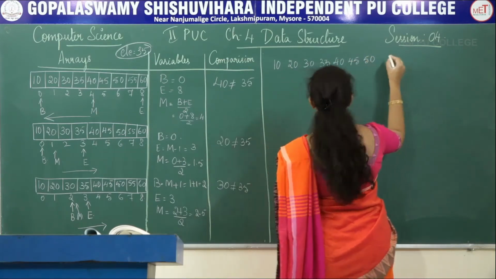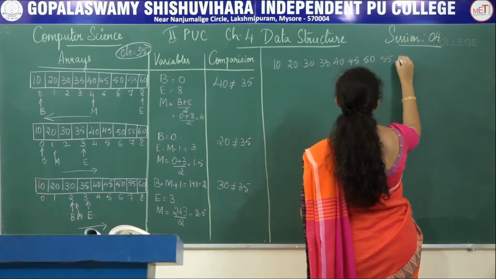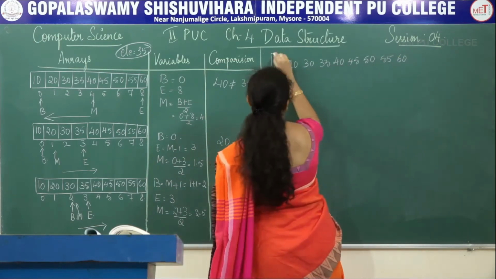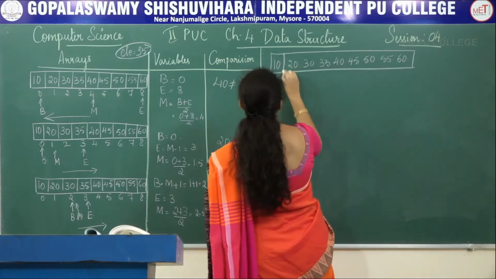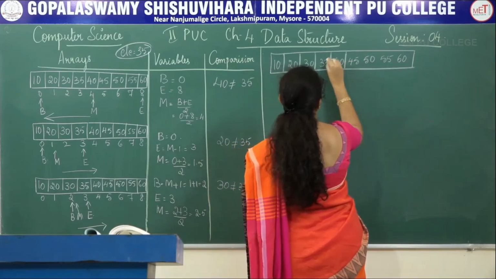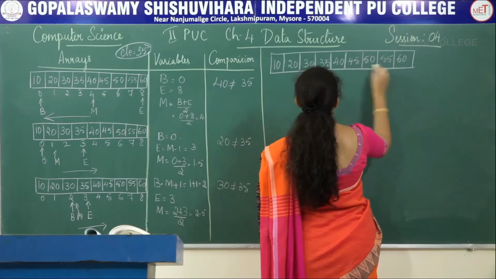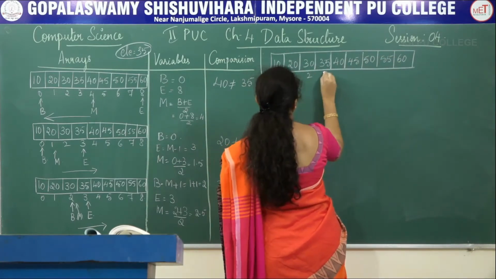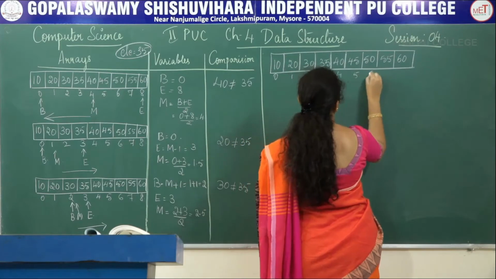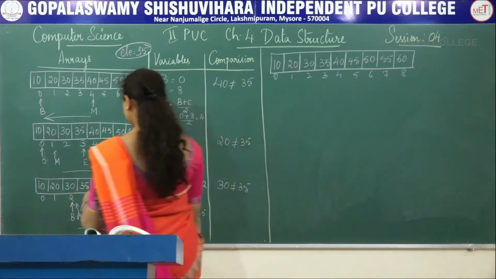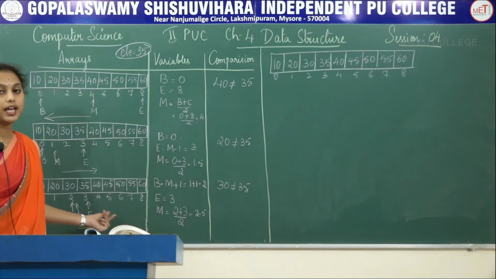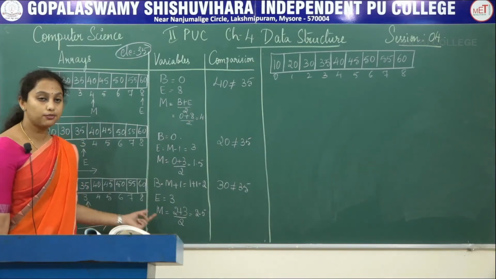50, 55 and 60. If the search element is greater than the middle element, what we have to do?